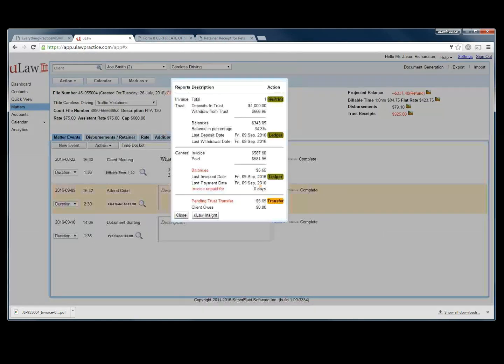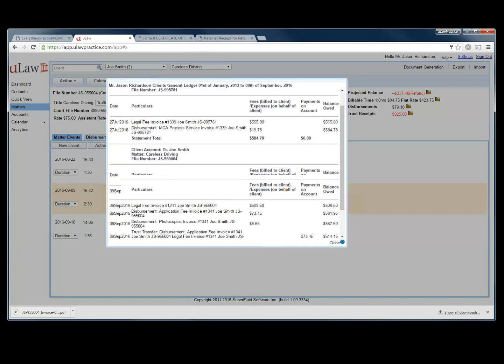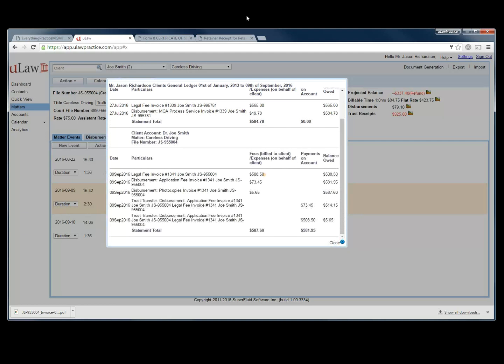Now when I go to the software and do my ledgers, first I'm going to do my general ledger. The software will clearly say the legal fee was that much, the disbursement was that much, and the other disbursement was that much, and that's the total balance owed on this file. Then it takes you to the next level, which is what has been paid on this account.